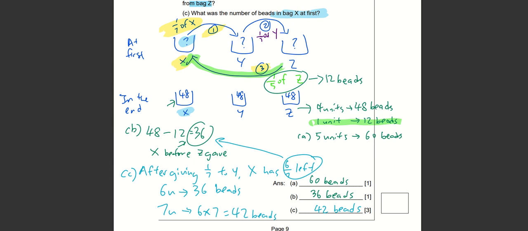Can you understand? So you need to understand, okay, what is happening? At this point, the last part for C, it was most important for you to connect that before Z gave something to X, X at that moment was the same as the moment after he gave to Y. So the remaining here was 6/7.